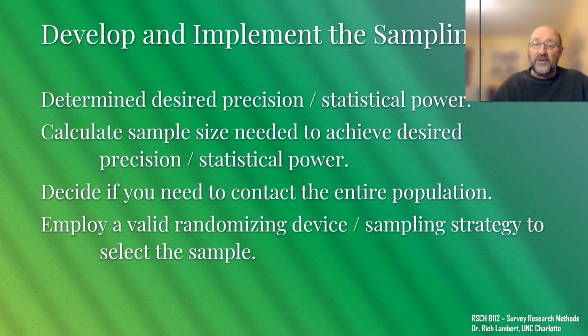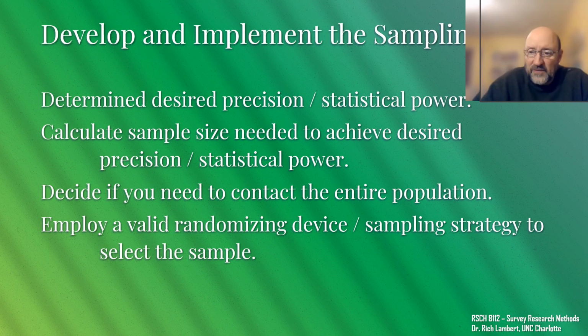Like if you have some very particular group comparisons you want to make, then you want to see what sample size do I need in each group to ensure that I have a reasonable ability to detect a statistically significant difference if there is one.